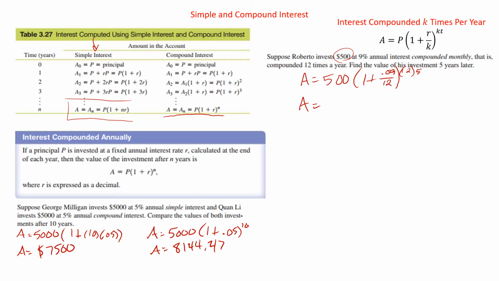So from here it's just click, click, click in the calculator, and what we get after 5 years is $782.84. So over those 5 years, he made $282 by just having it sit there. And so that's one of the things we can find. We can find that amount at the end of a certain time period.